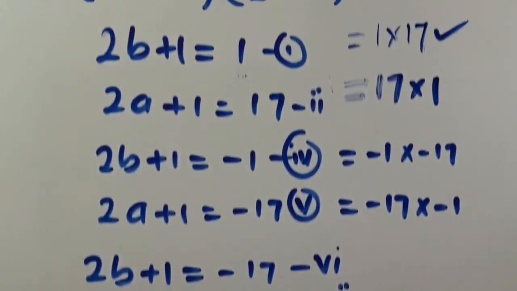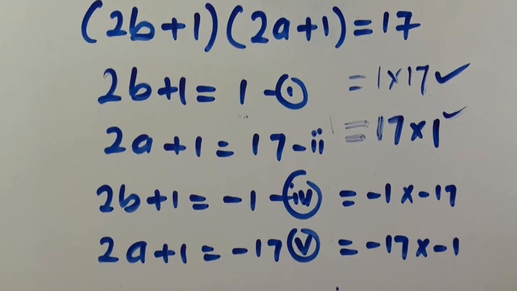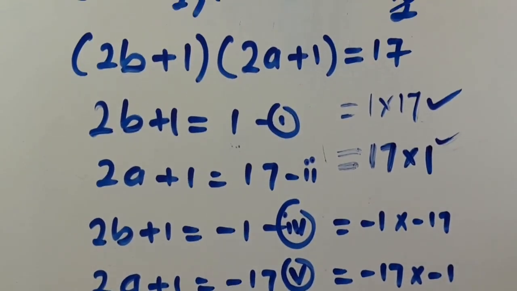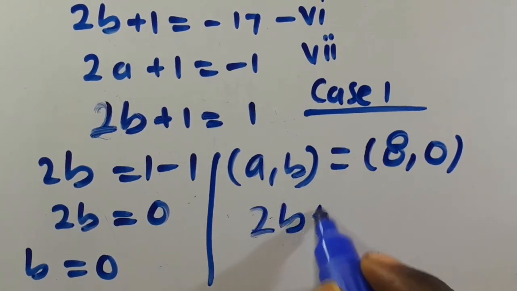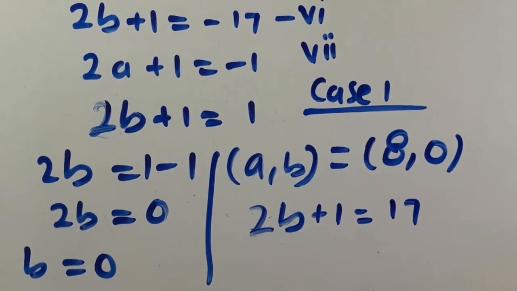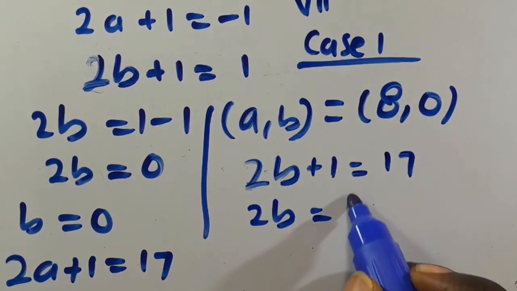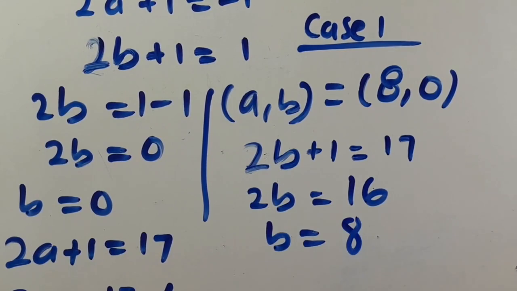Then likewise, when we go along with this, where we are going to have 2b plus 1 to be equals 17, and from here we have 2b to be equals, when this one goes here, we have it to be 16. Dividing 16 by 2, we have b to be equals 8.